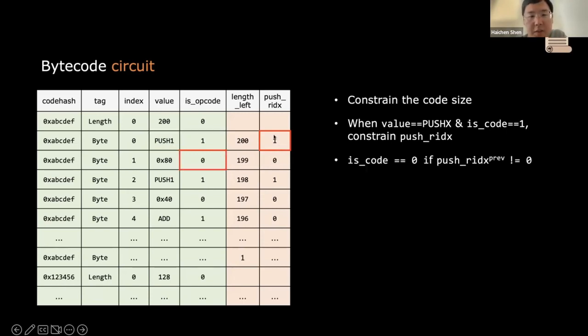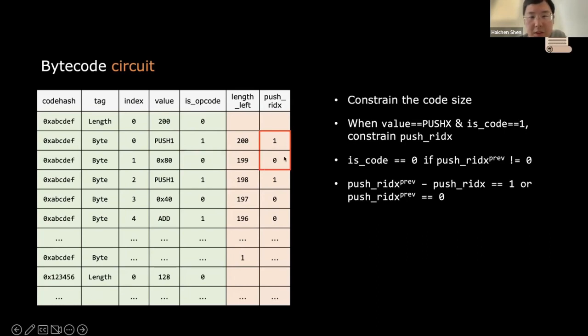And then, given you have this push R index column, you say this is opcode column has to be 0 if the previous row's push R index is not 0. Then you can correctly prove that this row is not an opcode.